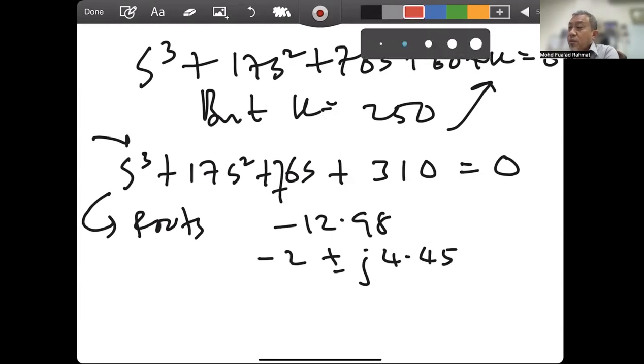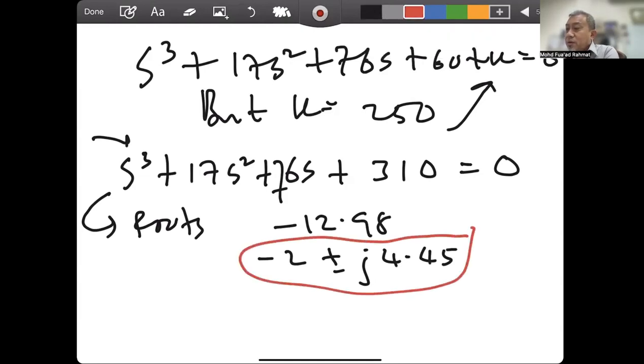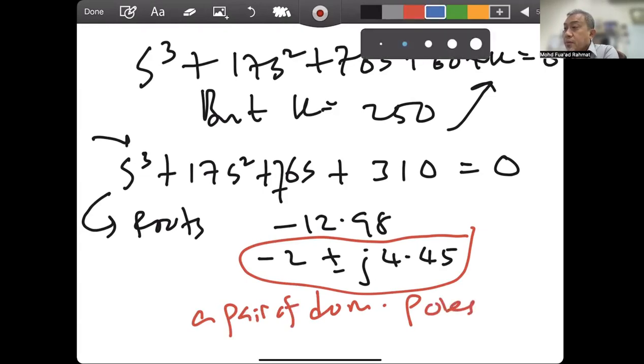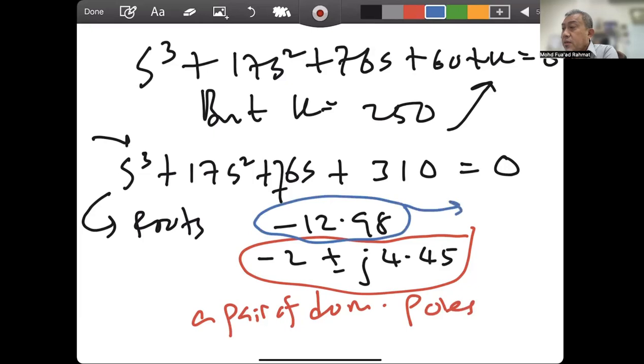So this one is a pair of dominant poles, right? And this one, the blue one, is the third pole. So what is the name of the rule that we use to make second order approximations?